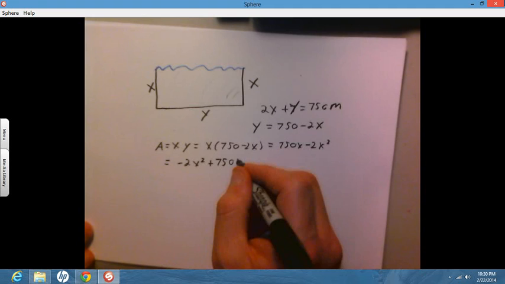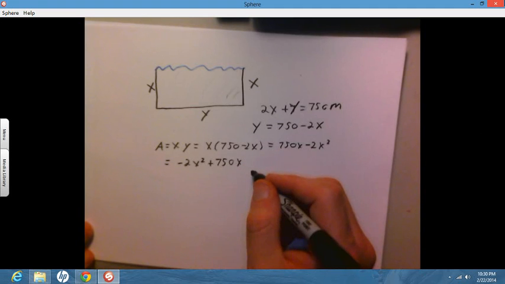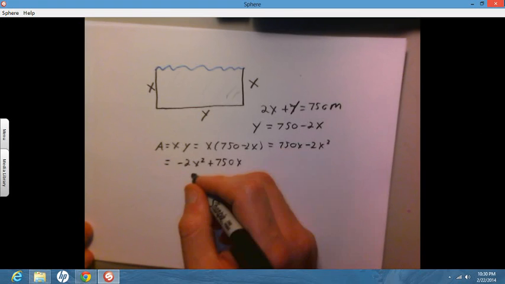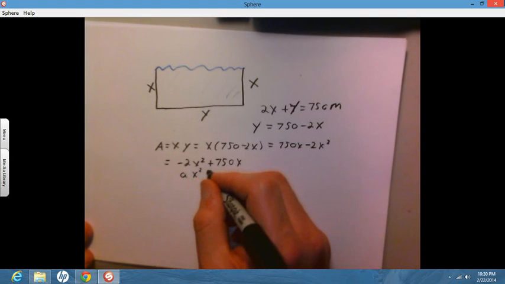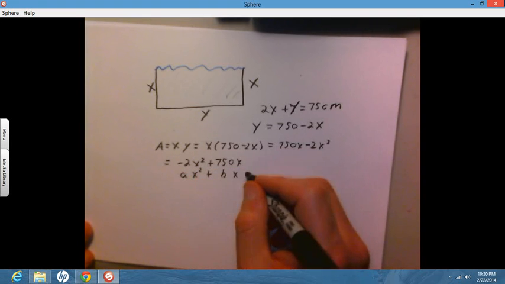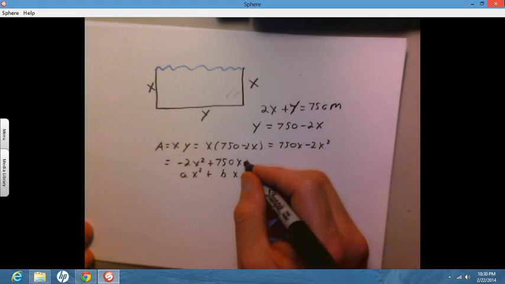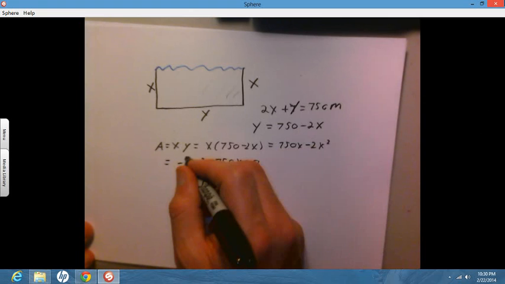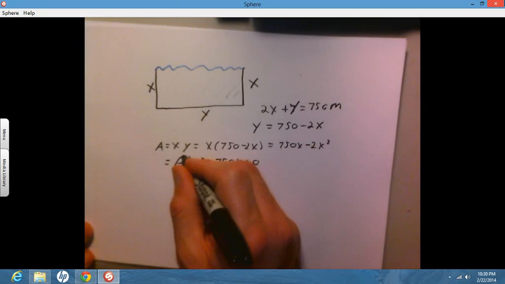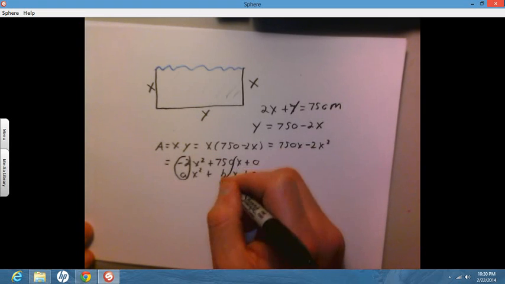Now the reason I'm rewriting it this way is whenever you want to maximize or minimize something and it's a parabola, you want to write it in the form ax squared plus bx plus c. In this case there's nothing here, so really c is just 0. Now a is negative 2, b is 750, and c is 0.